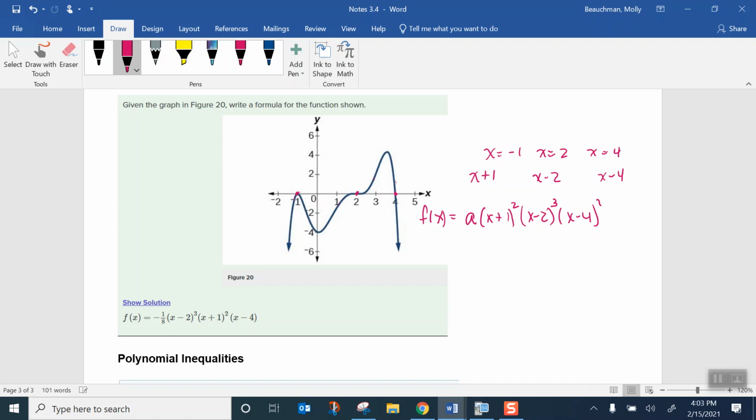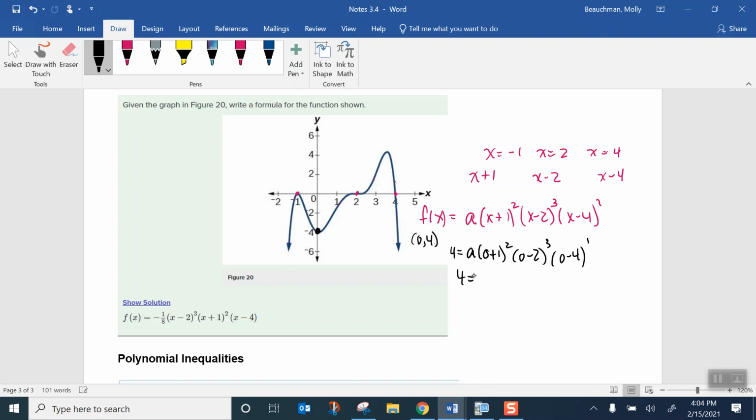So I'm going to select the point 0, -4. I know that the point (0, -4) is on my function. So I'm going to substitute -4 for my y coordinate, 0 for my x coordinate, and then I'm going to solve that for a.